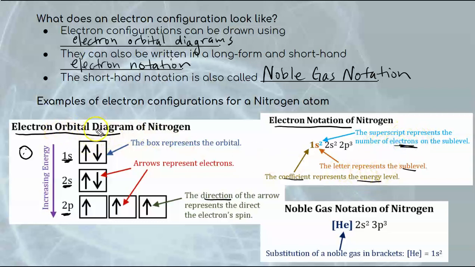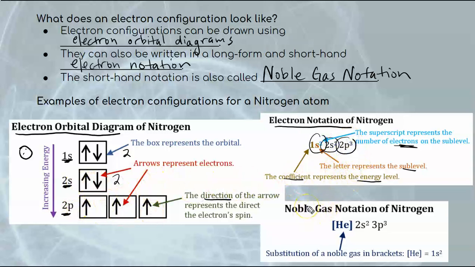So if we look at the electron orbital diagram, we see 2 electrons, 2 arrows in that box. So there must be 2 electrons in the 1s orbital, and we can see that written here as well. As we keep going, there are 2 electrons in the 2s, that's written right here, and then there are 3 electrons in the 2p, and we can see that written here.